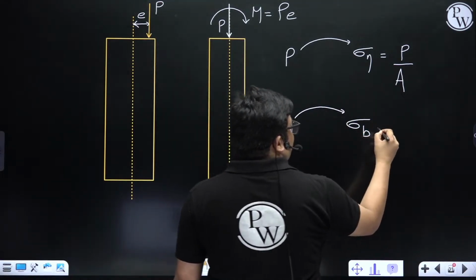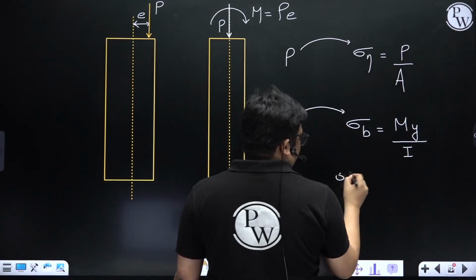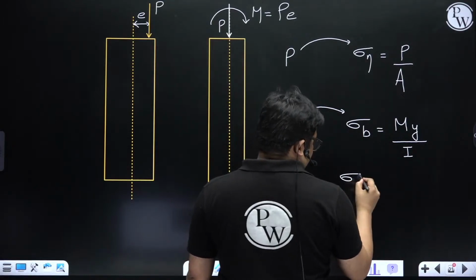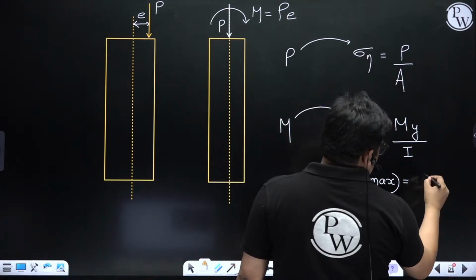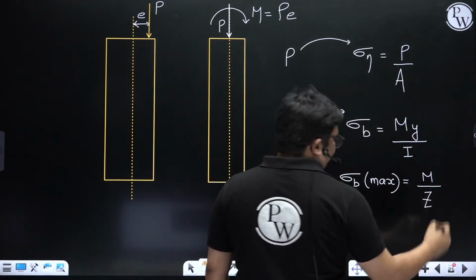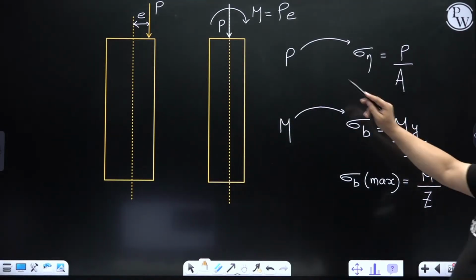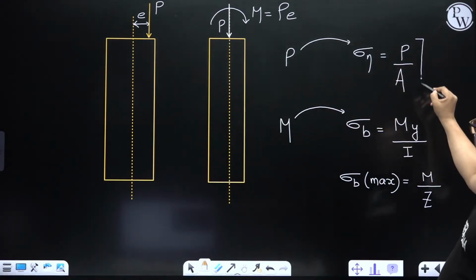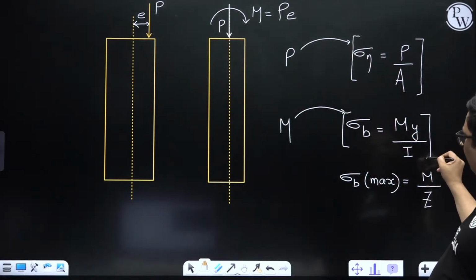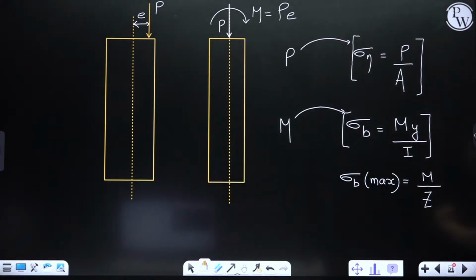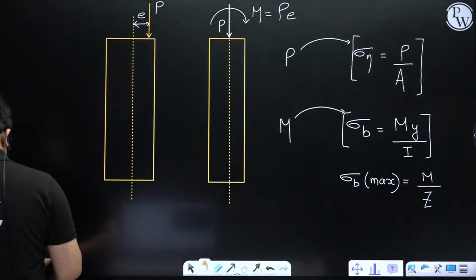The bending stress equation was My by I, and the maximum value of bending stress is M by Z. Yes, we have seen this. Both are normal stresses only, but there is a difference. Let us see what the difference is.